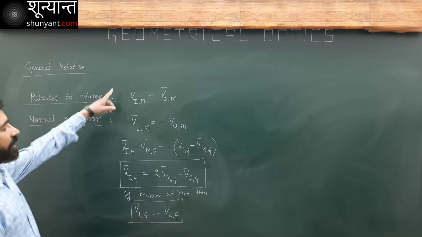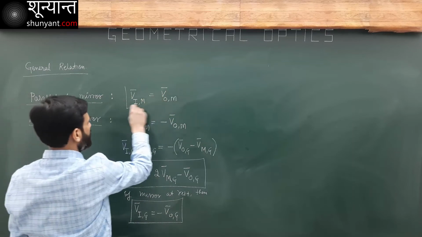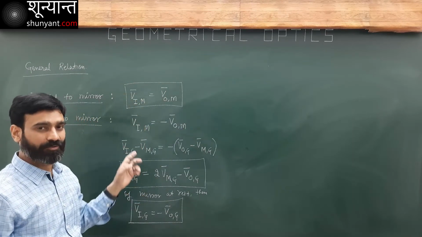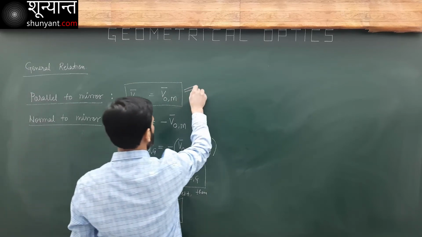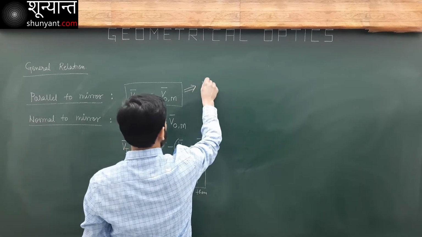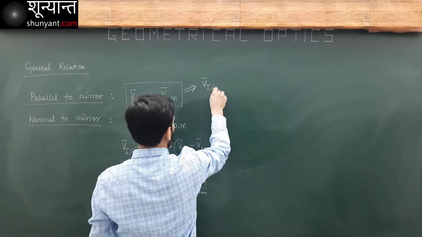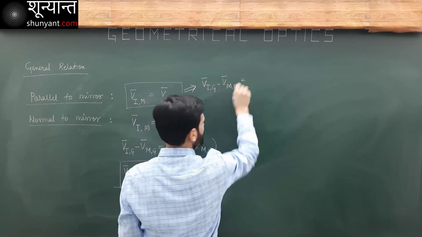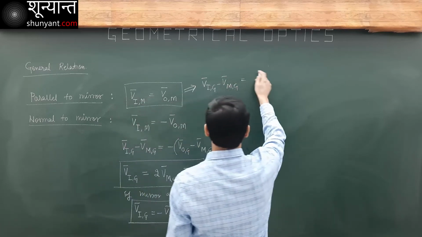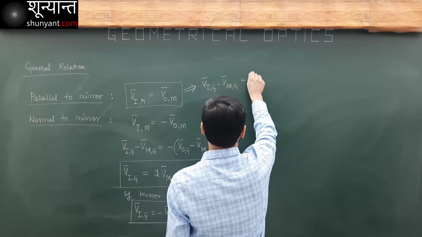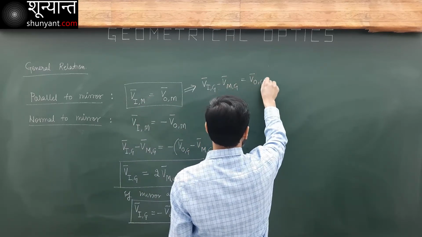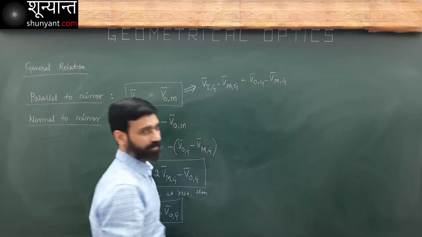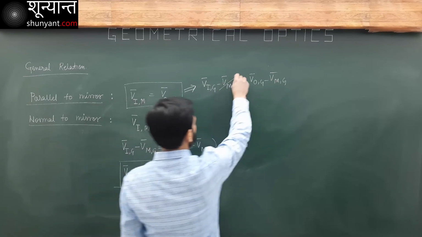I can convert this also similarly. Parallel to the mirror, I can also do the same. Velocity of image with respect to ground minus velocity of mirror with respect to ground is going to be equal to velocity of object with respect to ground minus velocity of mirror with respect to ground. These things cancel.